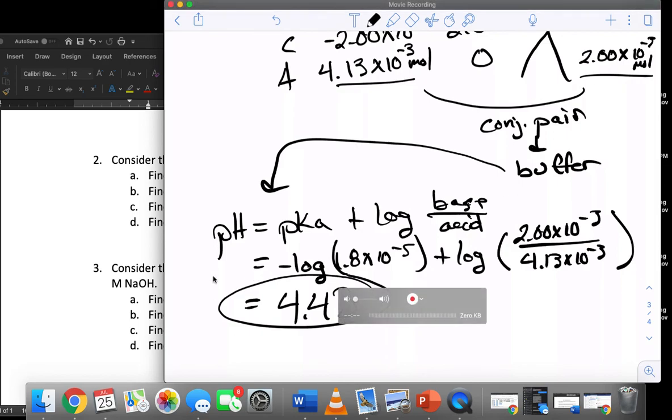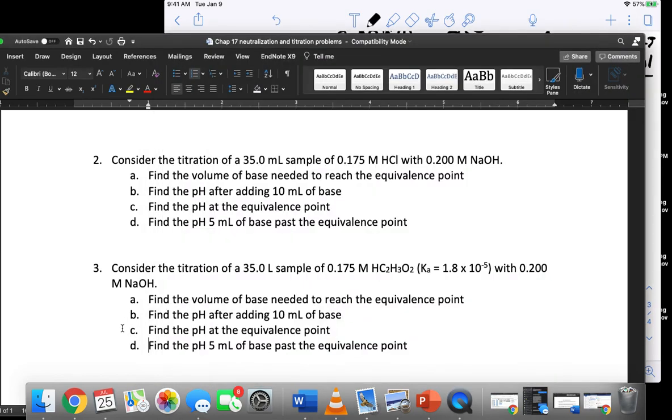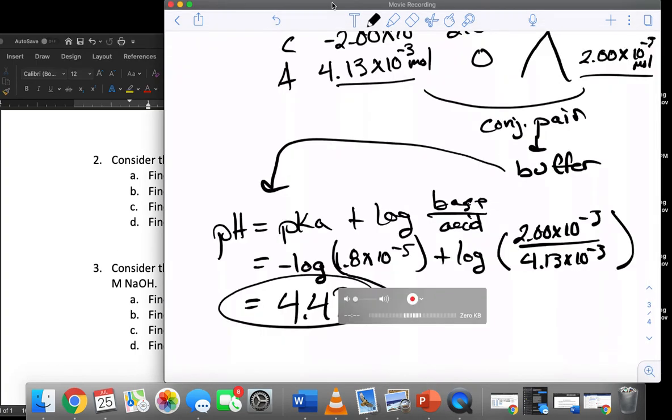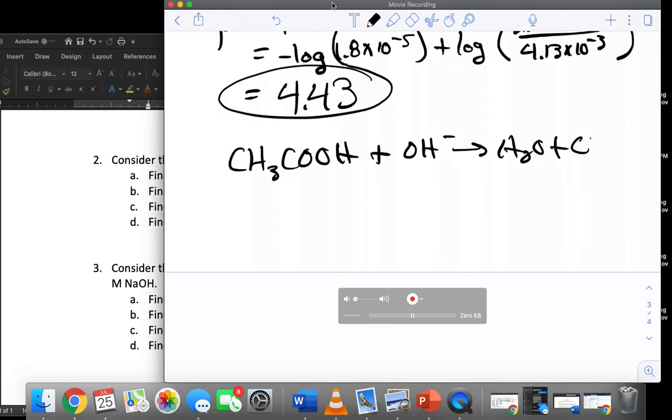Now, for the next part of this problem, if I want to move into part C, I have a couple things I can keep in mind here. So I can make a BCA table to start this part. And if I'm at the equivalence point, I can make another BCA table for this, so I have my acetic acid plus my hydroxide, water, and acetate.